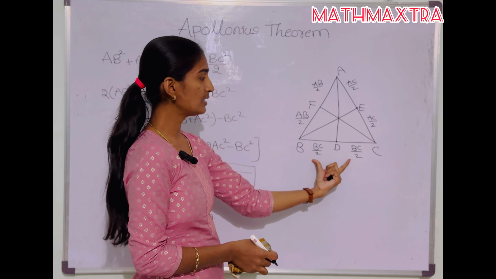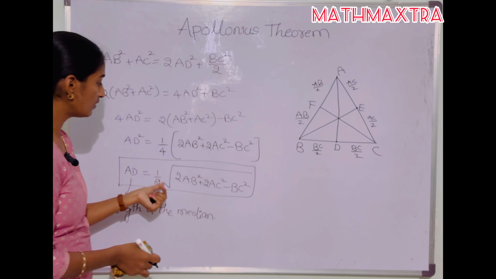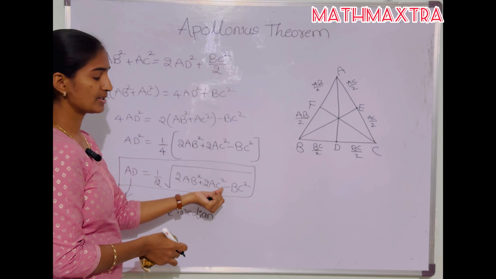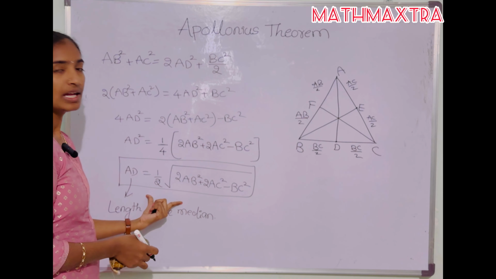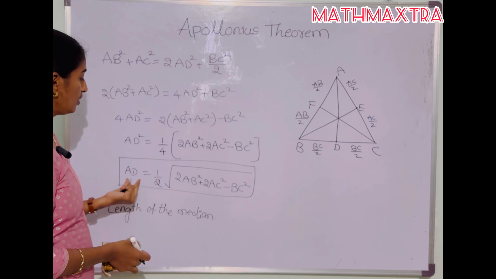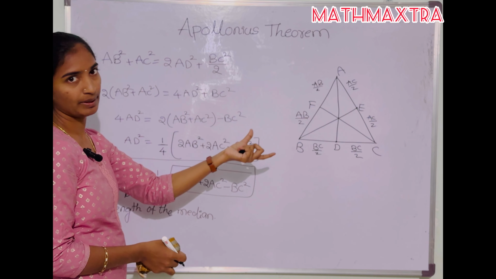So that is why BC square is taken only once, that is minus BC square. So half of the square root of 2 times AB square plus 2 times AC square minus BC square is the length of the median. Similarly you can calculate the BE median length as well as the CF median length.